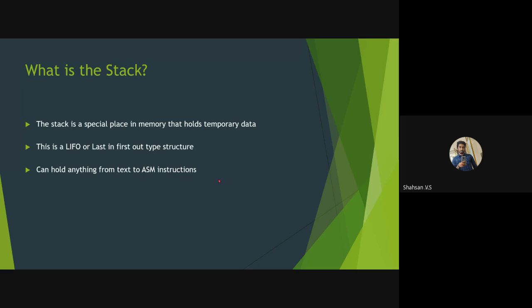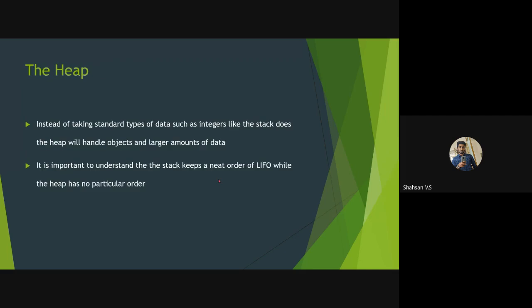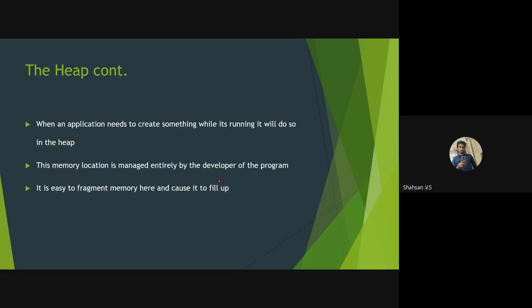So it is a last in first out type structure, and it can hold anything from text to ASM instructions. And in the case of heap, it stores large amounts of data. It does not have any order like the earlier one, last in first out, so it can take in any way.